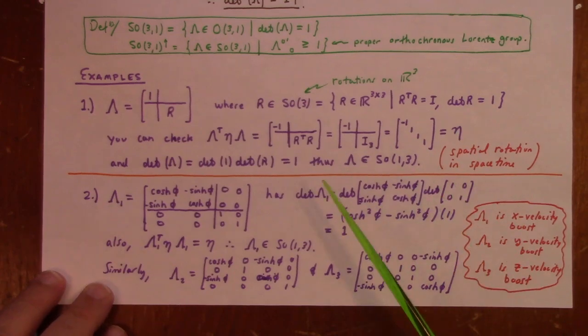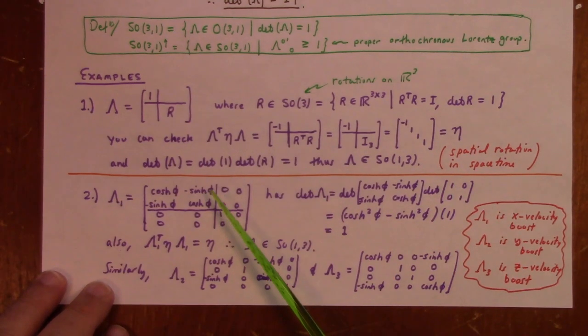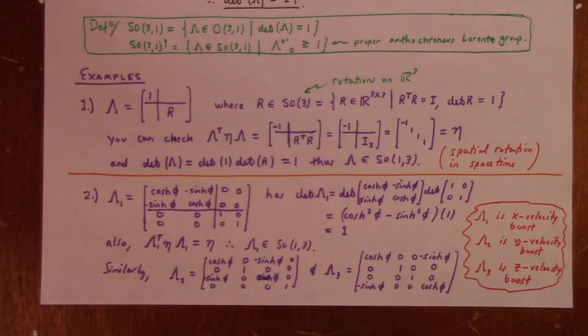And the determinant, again, is the product of the blocks' determinants, which here is the determinant of the cosh sinh block and the identity block, which gives me cosh squared minus sinh squared, which of course is 1, and there it is.